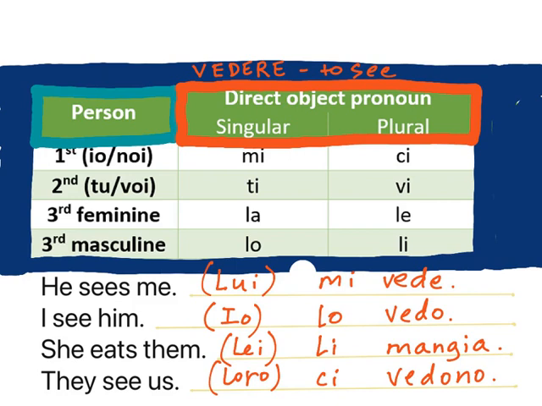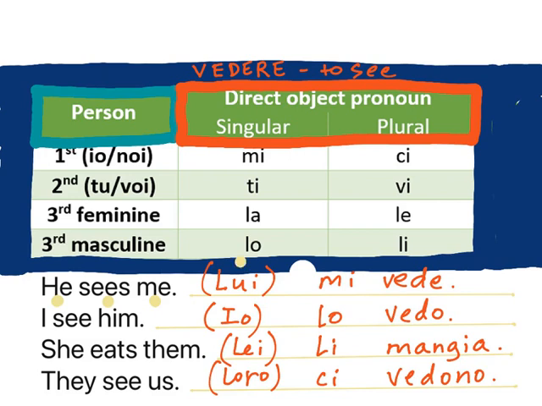All right, hopefully you were able to come up with the following answers. So let's see. He sees me. The subject is he because he does something. Sees is the verb that is conjugated according to the subject. Me is the direct object because I'm receiving the action of the subject.